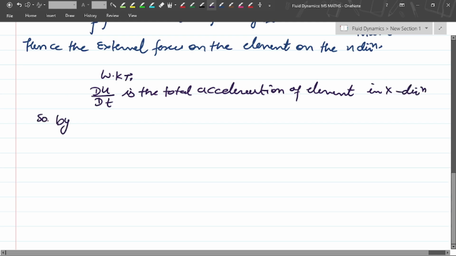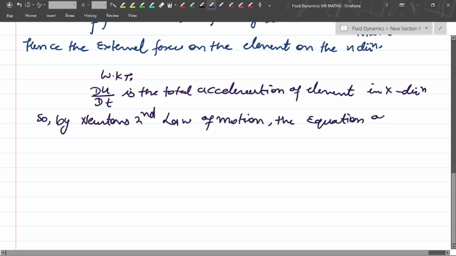Therefore, by Newton's second law of motion, the equation of motion is F equals mass into acceleration.